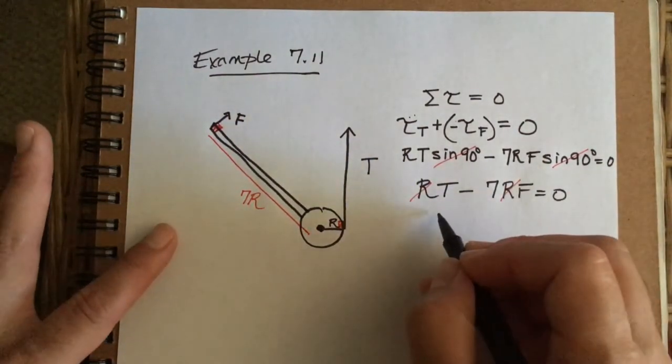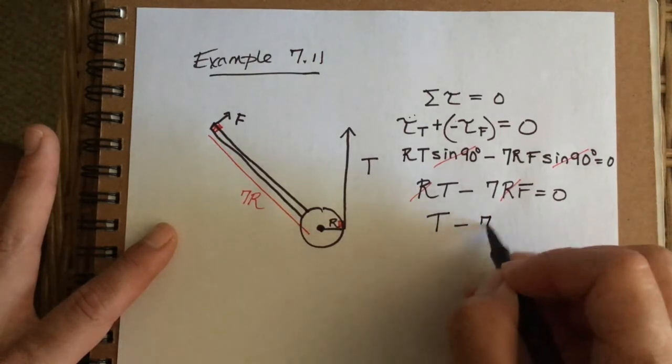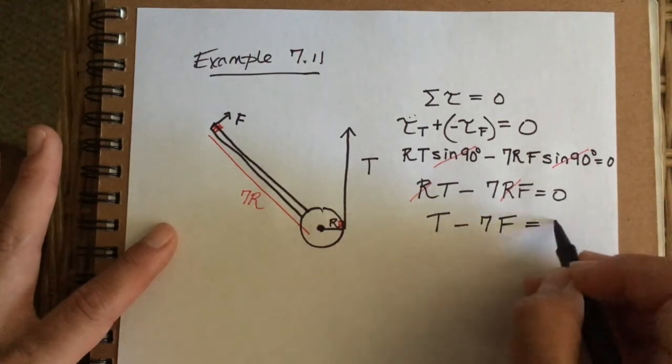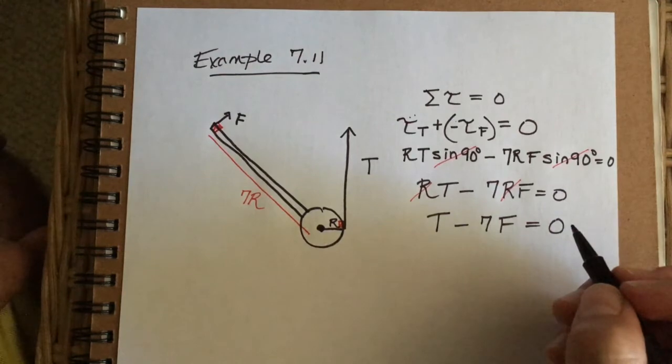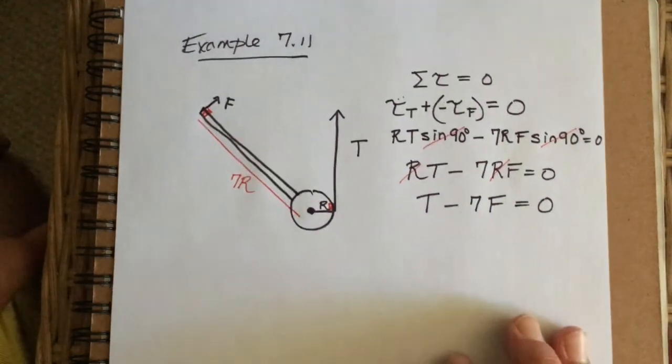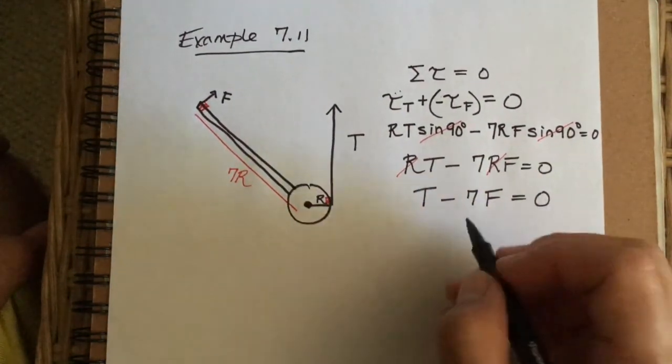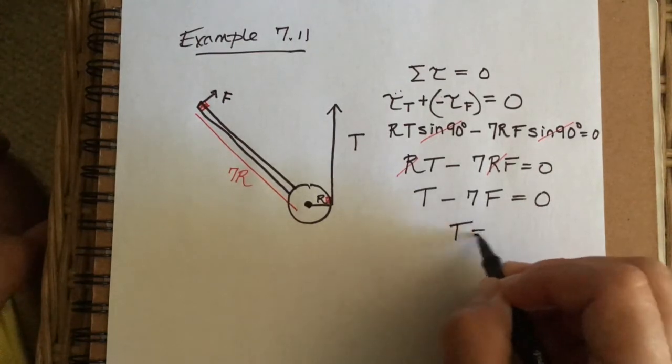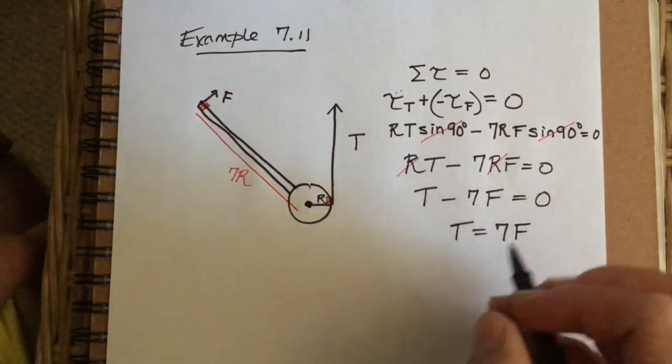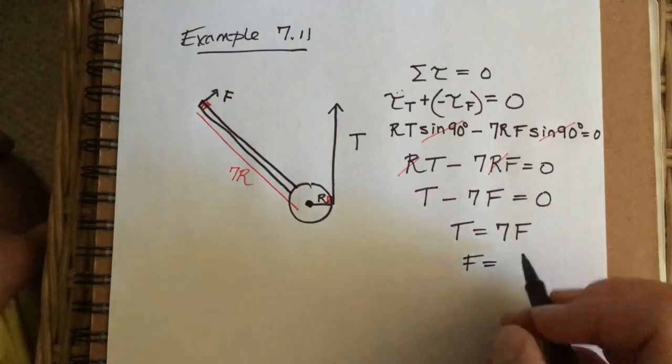We're left with T minus 7F is equal to 0. I think the point of the problem is to solve for F, so I'm going to kick 7F over to the other side. So we get T equals 7F, and we can see that F is equal to T over 7.